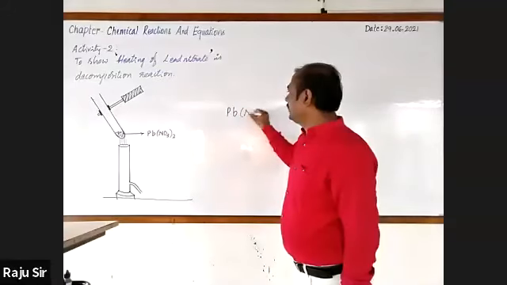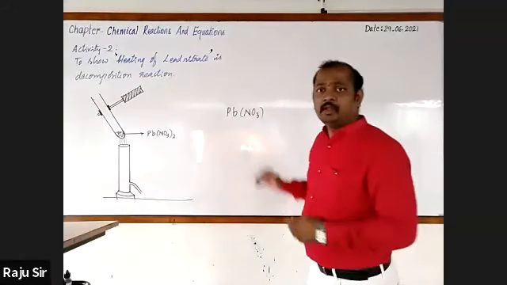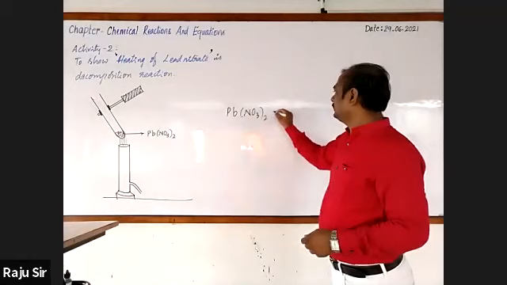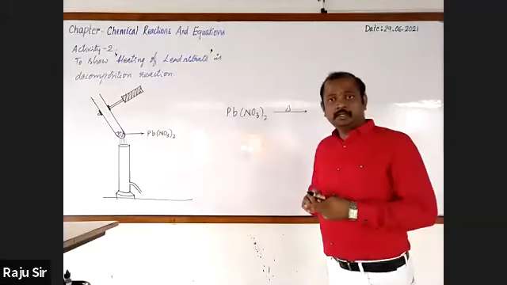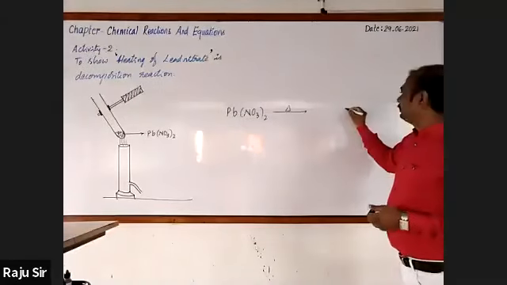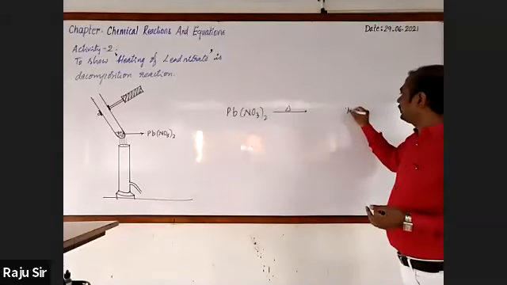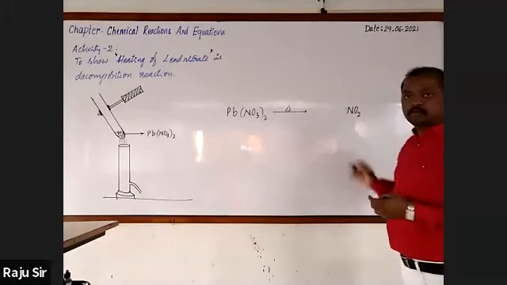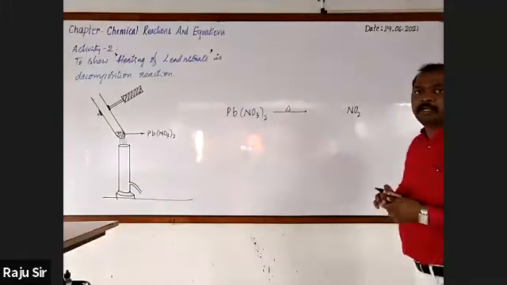Now let me go for writing the chemical equation. Just observe. Here we have taken lead nitrate crystals, and they have been heated. Brown fumes will be coming out, which indicate nitrogen dioxide gas is being liberated.